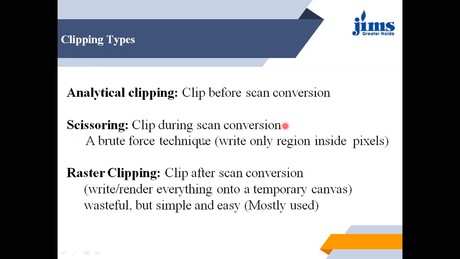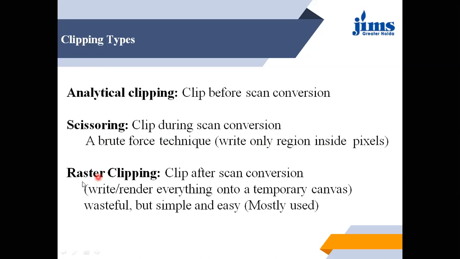In that case, the image parts that are outside the window, we clip them, or we do not show them on the screen. We write only regions that are inside the window, and this is called a brute force technique.